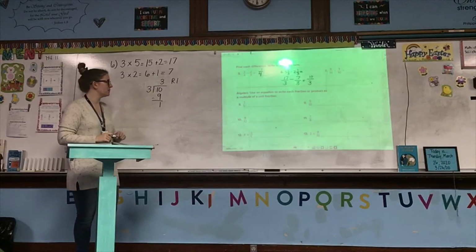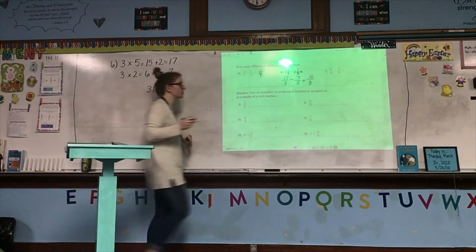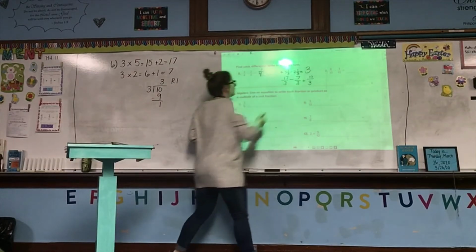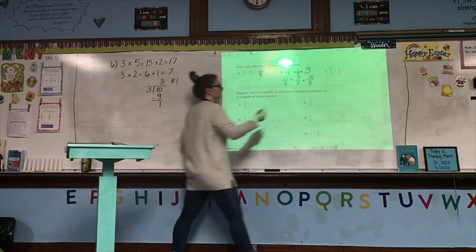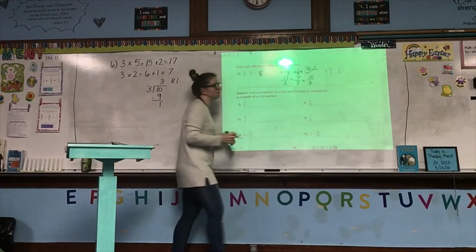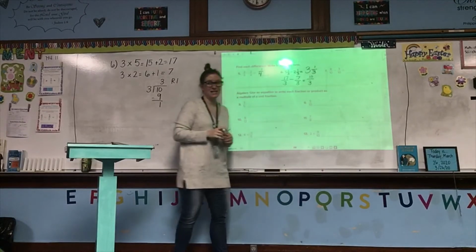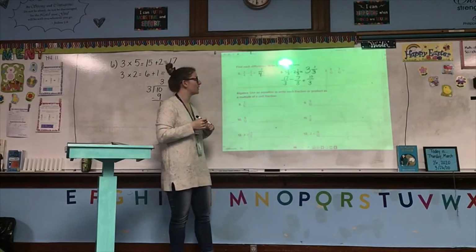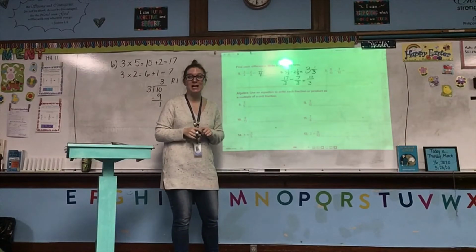Now to get our mixed number, we take the quotient without the remainder and make that our whole number, which is 3. We take the remainder and make that our numerator, which is 1, and our denominator stays the same. 1/3 is another unit fraction, so we know it's in simplest form. So 5 2/3 minus 2 1/3 is 3 1/3.